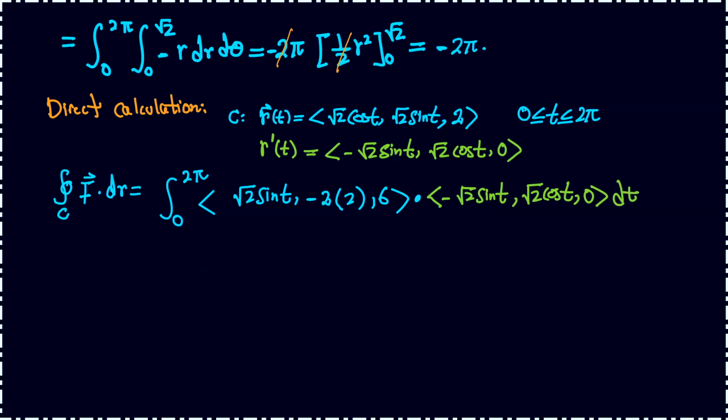All right, let's do the dot product, which gives you a scalar, and you're finding the integral of the scalar. Here we have root 2 sine t times negative root 2 sine t. That should be a negative 2 sine squared t. Then we have negative 2 times 2, that's a 4, times root 2 cosine t, so negative 4 root 2 cosine t.